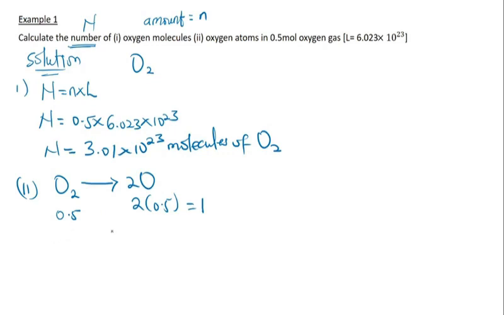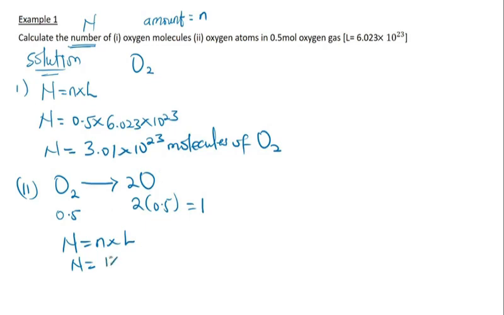So if that is the case, it means our number N is equal to n times L. Our mole is now 1, because we are finding atoms, so it's twice the oxygen molecule amount.